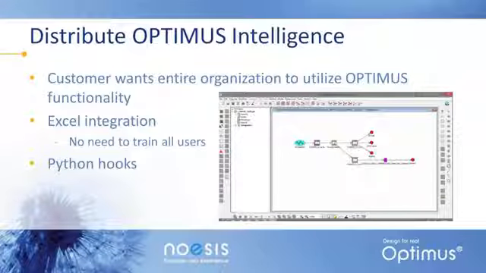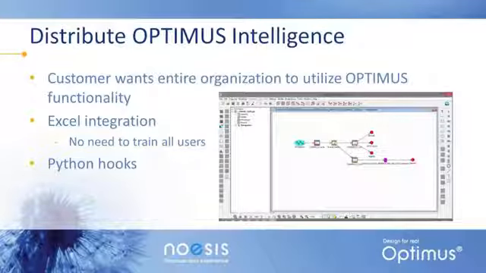The typical customer that uses what I'm about to show you is looking for a way to embed the functionality of Optimus in a scalable system that many engineers can use without having to go through training to learn how to use Optimus. That they can very quickly and in a very focused way get at the functionality of Optimus.